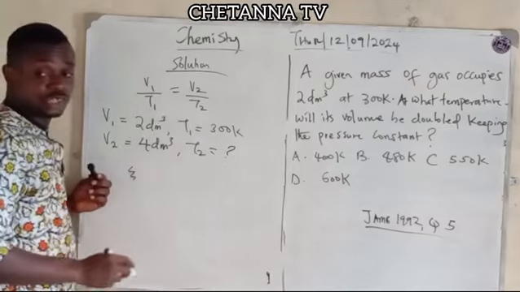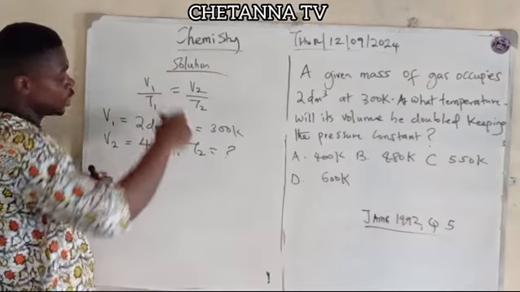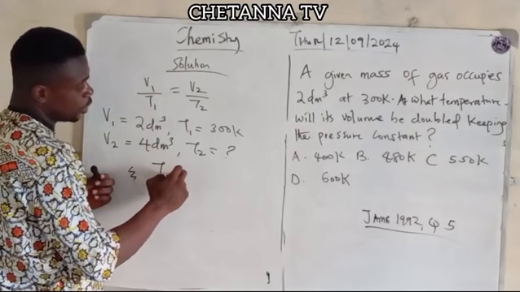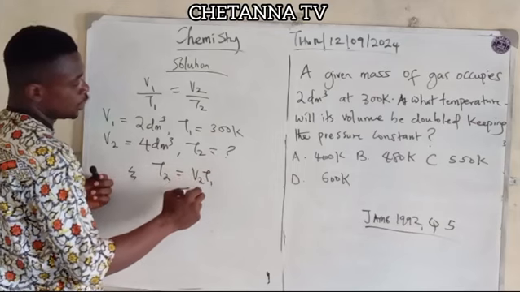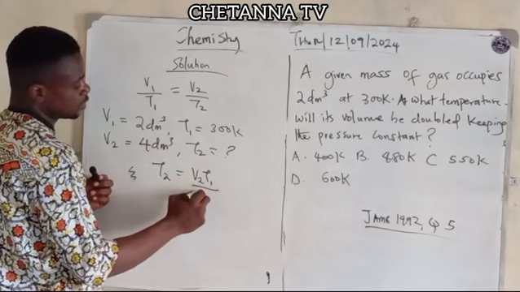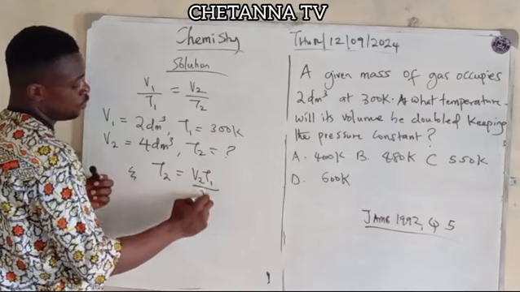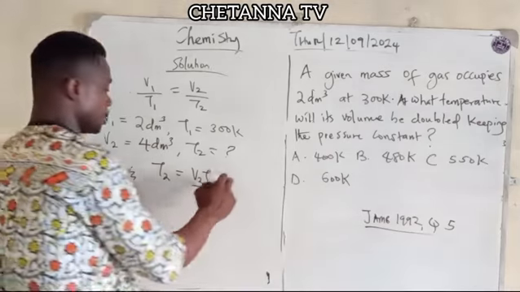So we make T2 the subject of the formula here. If you cross multiply, T2 becomes V2 T1 over V1.